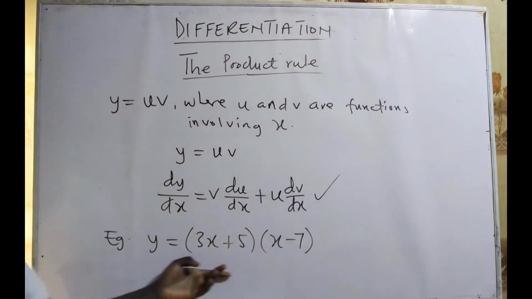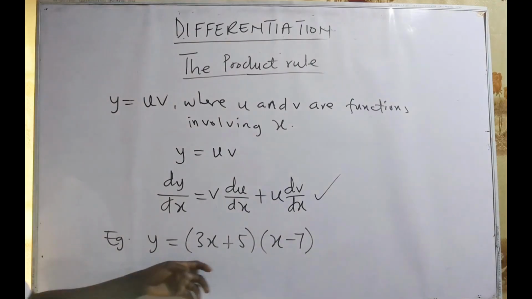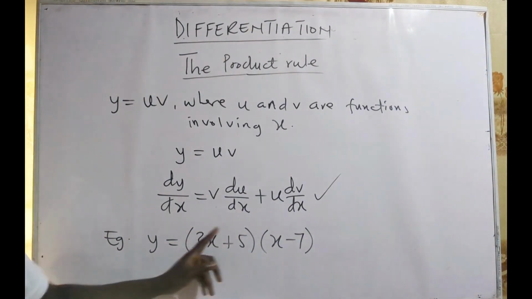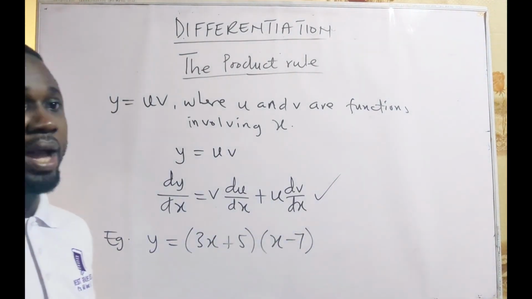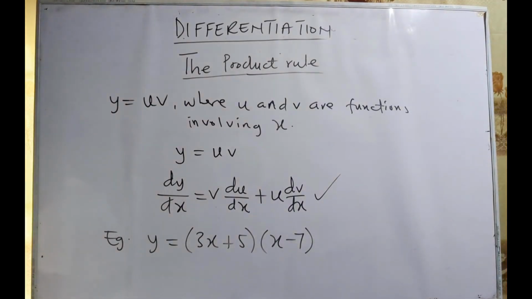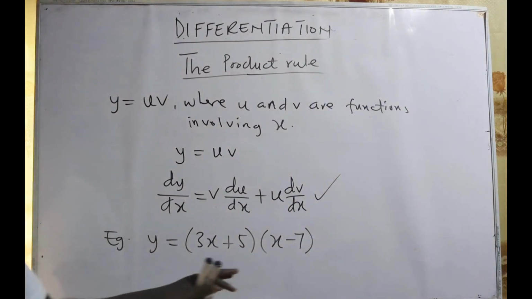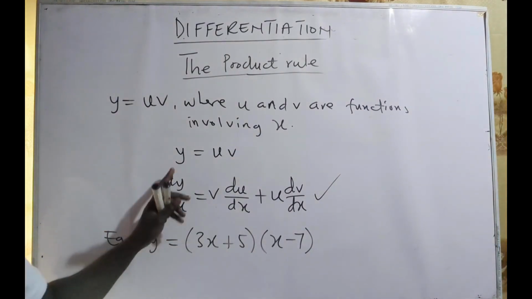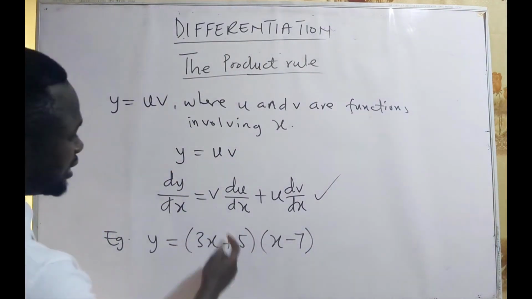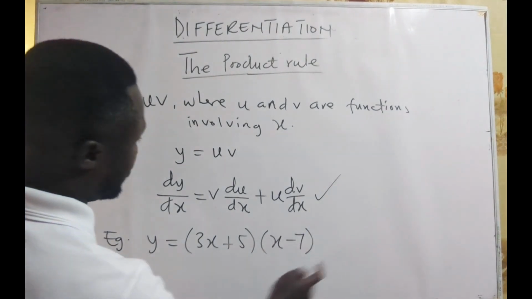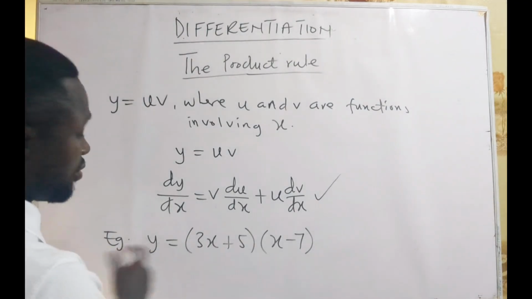We know that with this particular question, we can do our normal expansion and go by the normal differentiation and then we get our answer. However, because there are two functions multiplying themselves, we can also use the product rule, where we differentiate this and maintain this, plus we differentiate this and maintain this.